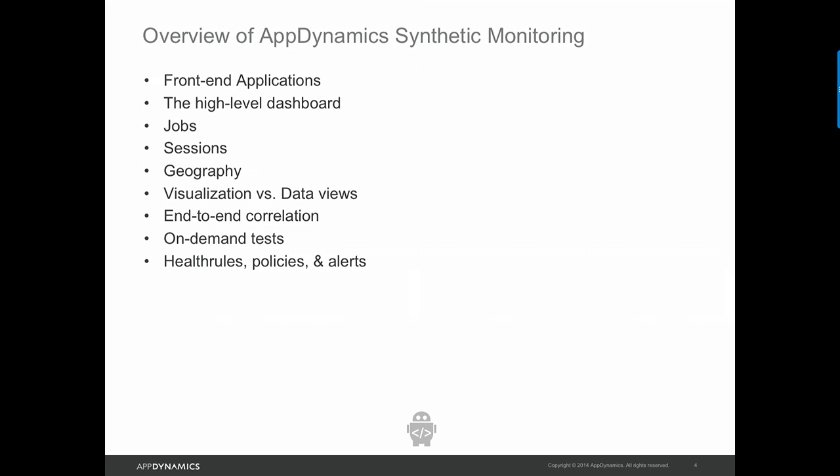It carries through. The end-to-end correlation is one of the biggest value points: seeing a correlation between the synthetic test and the corresponding back-end business transaction. Then on-demand tests, and finally, if you're familiar with AppDynamics, it's the same idea around health rules, policies, and alerts.